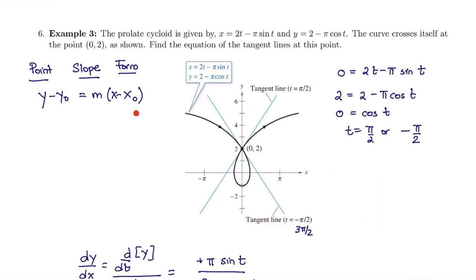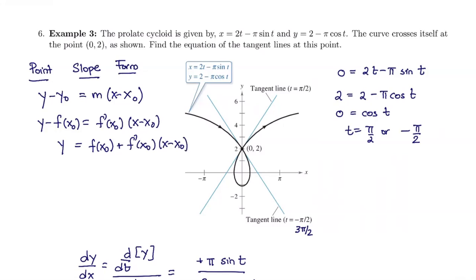The point slope form is y minus y naught is equal to m times x minus x naught. Incidentally, this form is also consistent with the Taylor series, because certainly you could recognize it as this. And I hope that looks familiar to you.